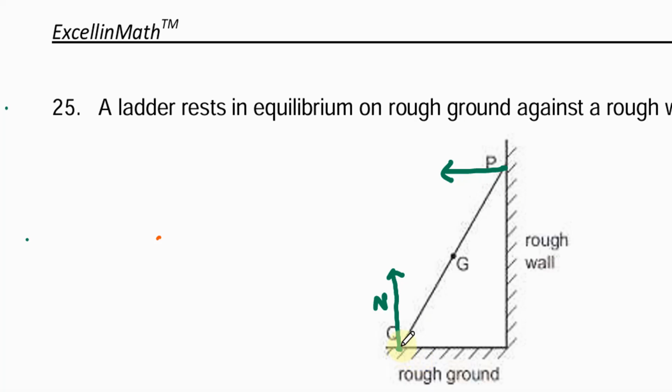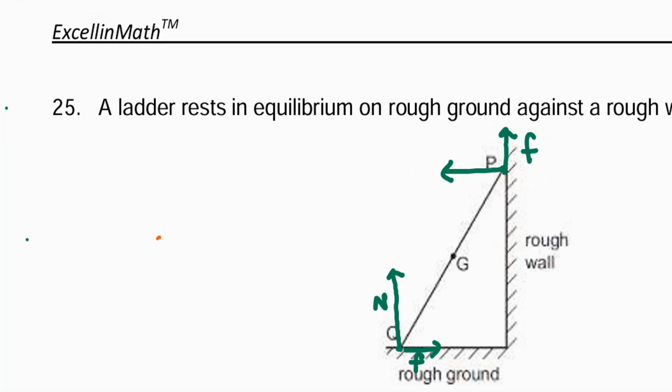Then the ladder will tend to slide to the left if it starts moving. So at Q here, the frictional force will be to the right. The frictional force will always oppose motion. At P here, the frictional force will tend to act up, since the ladder will tend to slide down here.